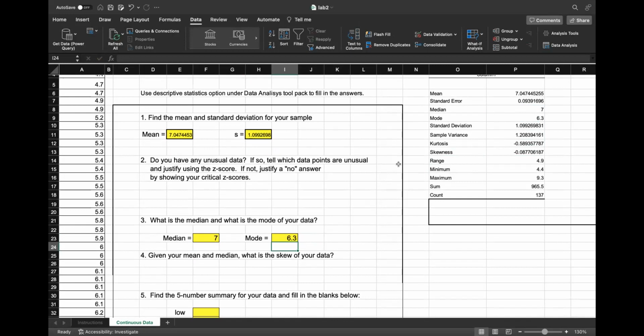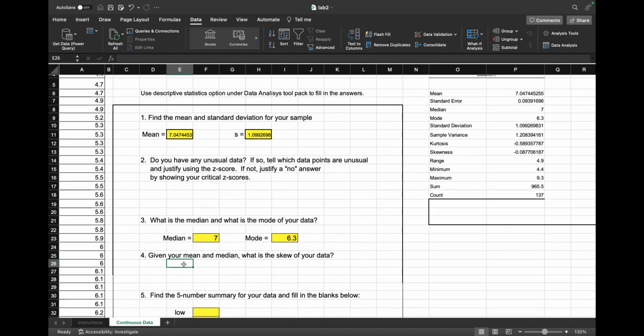So number 4, what I want you to do with this box, I want you to talk about your mean and your median. And if they are close together, you're going to say it's symmetric. If the mean is greater than the median, tell me what that means. If the median is greater than the mean, tell me what that means. So basically what I would say for mine is that my mean and median are very close to the same number.